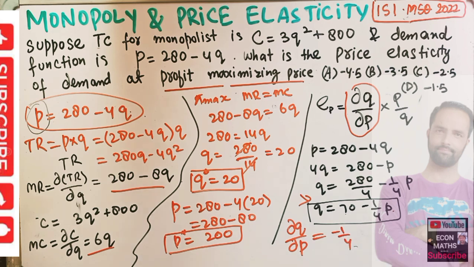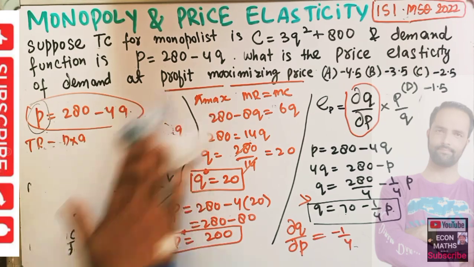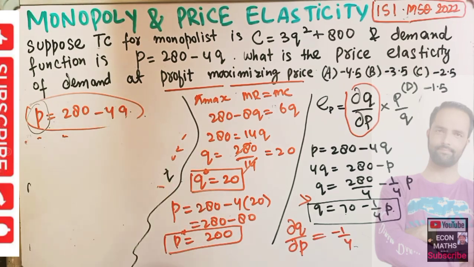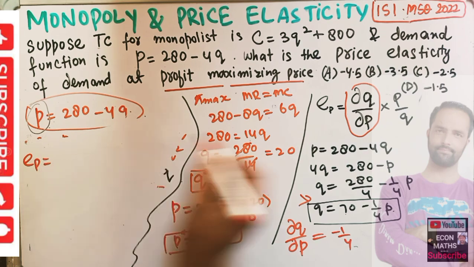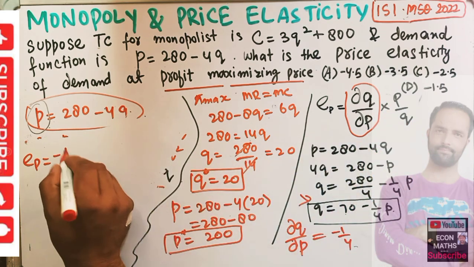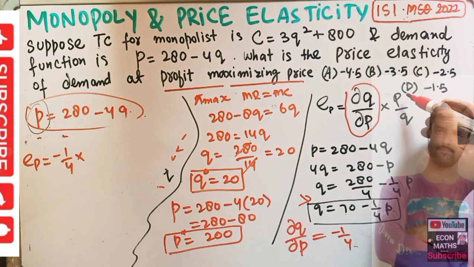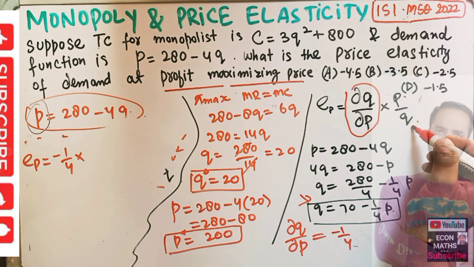Now we have the final touch here. To find the price elasticity of demand, we have price elasticity of demand equal to dQ/dP, which we calculated as -1/4, times P/Q. So the profit maximizing level of price upon the profit maximizing level of output.